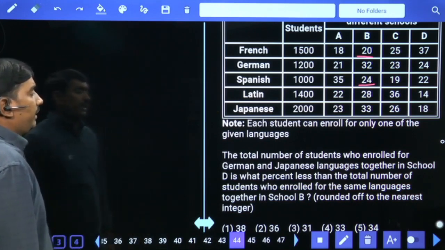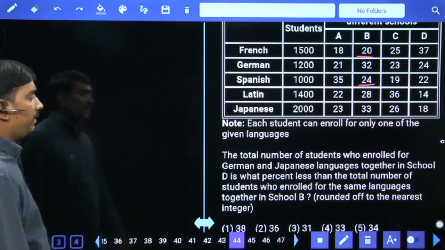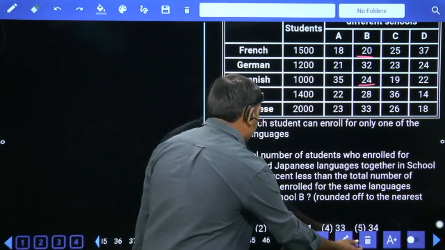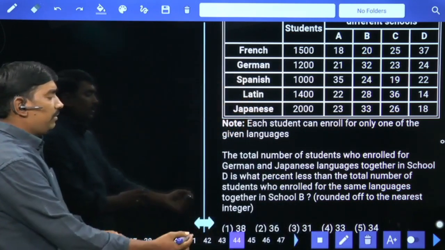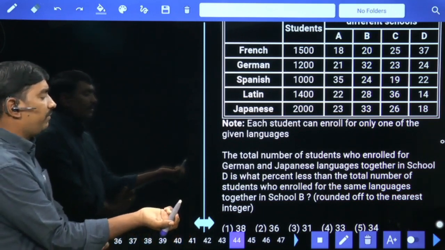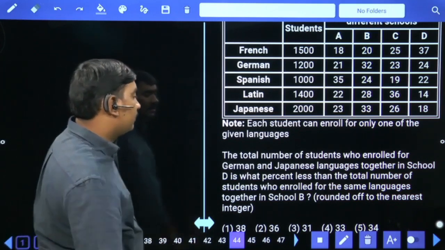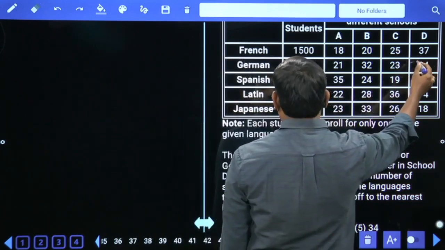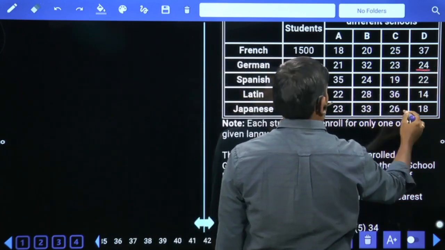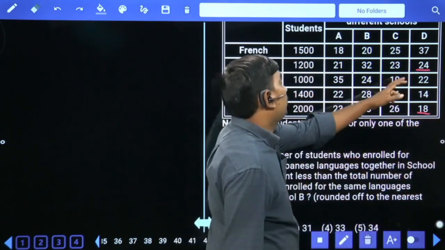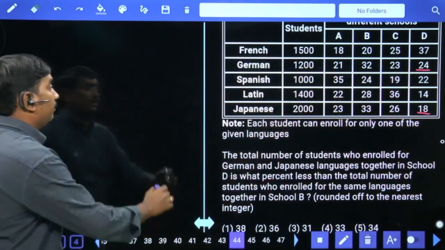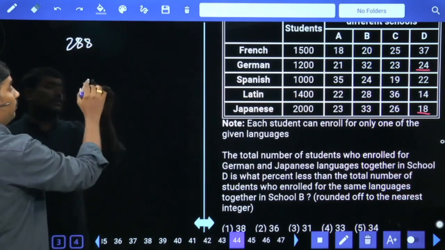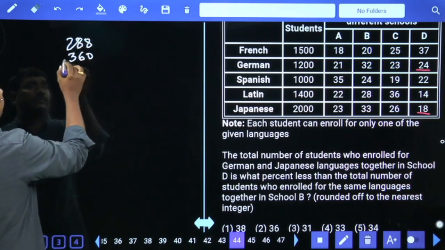Total number of students who enroll for German and Japanese languages together in school D is what percent lesser than the total number of students who enroll for the same languages together in school B? School D, German 24%, Japanese 18%. 24% of 1200, 288. 18% of 2000, 360.